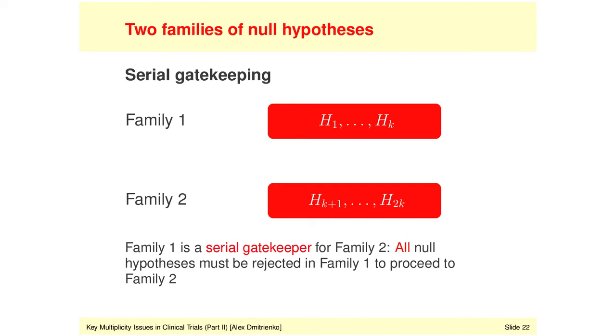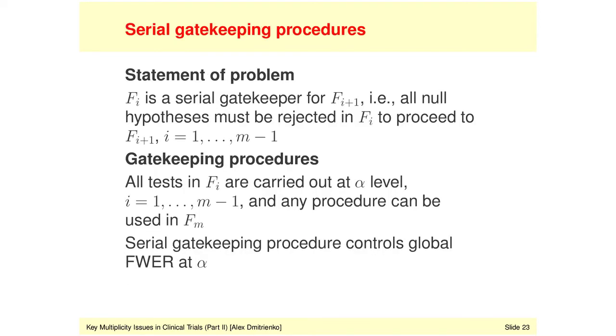We say that family 1 is a serial gatekeeper for family 2 if all null hypotheses must be rejected within this gatekeeper to proceed to family 2. It turns out that the serial gatekeeping condition is quite straightforward in the sense that it is very easy to build gatekeeping procedures that support this serial gatekeeping strategy.